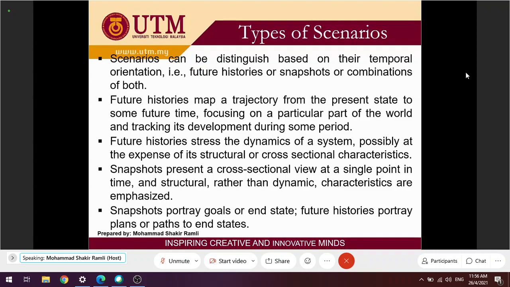We call it a trajectory. A trajectory is the future path; if we follow a certain path, we will see all these milestones or indicators or measures. For example, when they want to tell us accidents happen at kilometer such and such, based on the signboard mentioning where it is. That's what we call future histories.